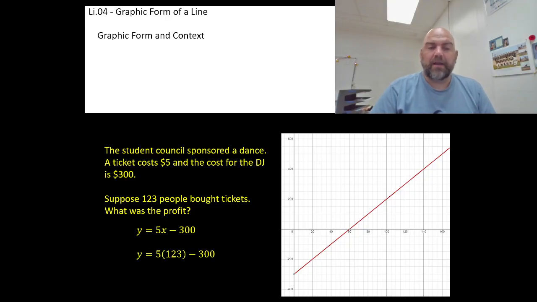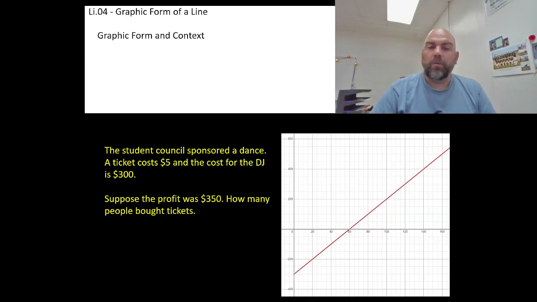Let's multiply that out. 5 times 123 is going to be $615. 5 times 123 minus 300 is going to be 315, which means that we have a $315 profit. Okay, so we can use an X value to solve for that, and that's going to be a point on our graph as well.